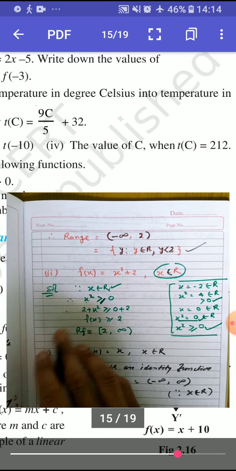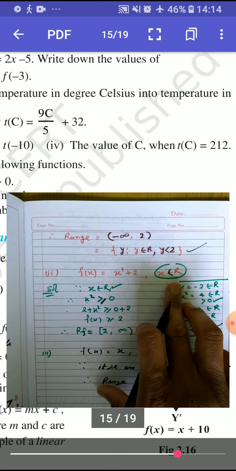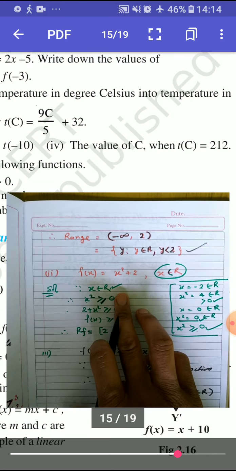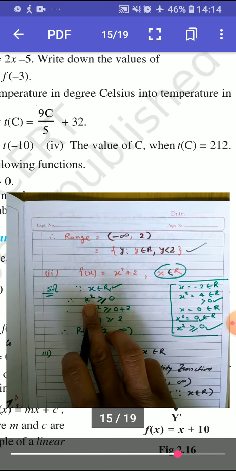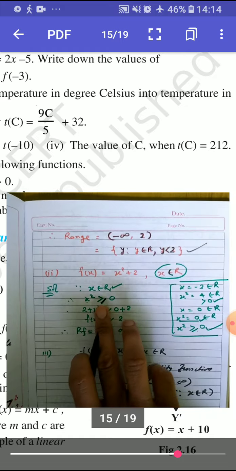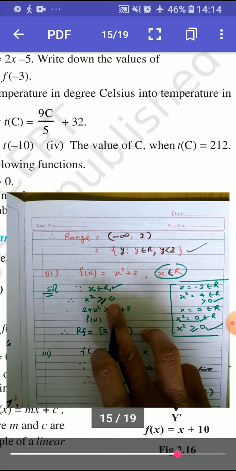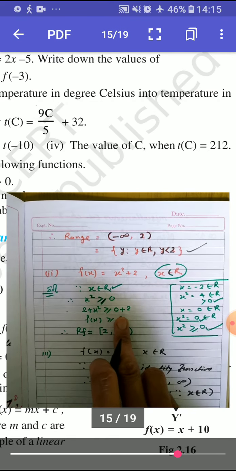Question number 5, second part: f(x) equal to x square plus 2, x belongs to real numbers. Since x belongs to real numbers, x square will always be greater than or equal to 0. Is that clear? Since the square of a real number is always non-negative, adding 2 on both sides, 2 plus x square is greater than or equal to 0 plus 2.